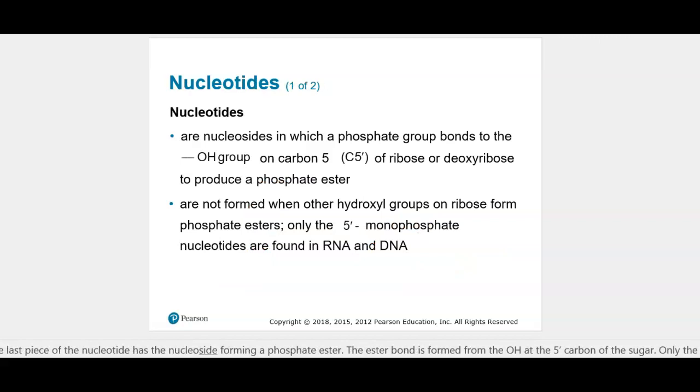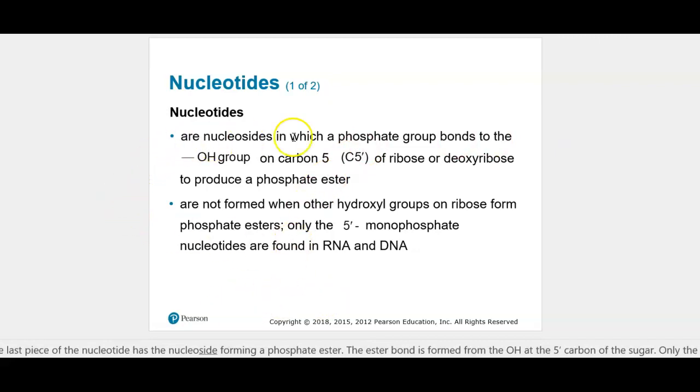Nucleotides are the last step here until we start polymerizing these things, and nucleotides are nucleosides with a 5' phosphate. What's a 5' phosphate? Well, we're going to go through this first.